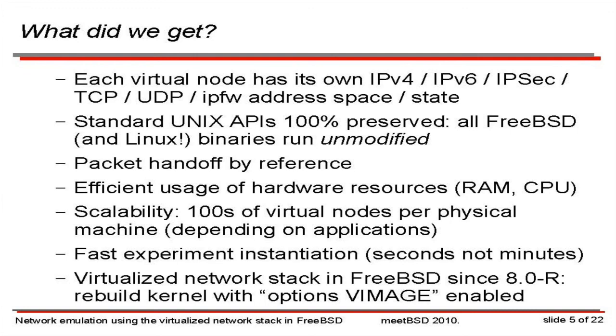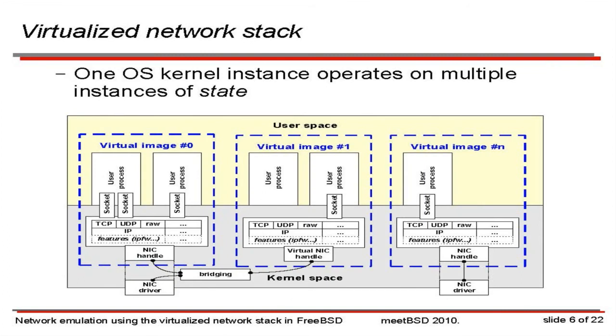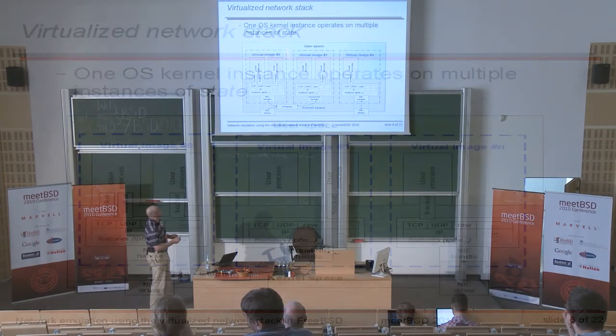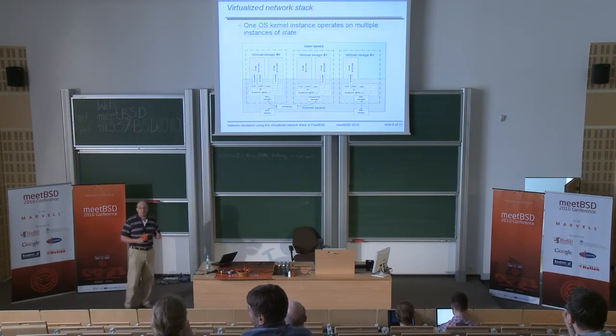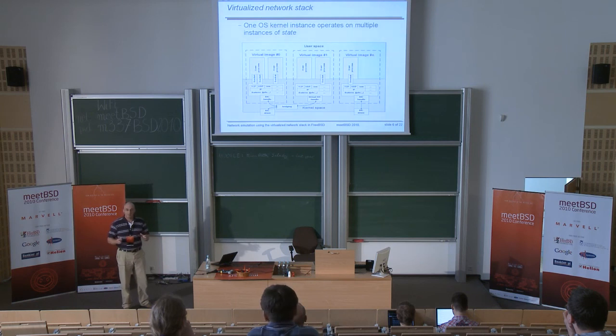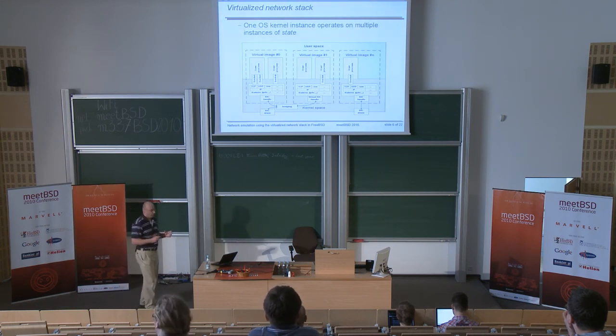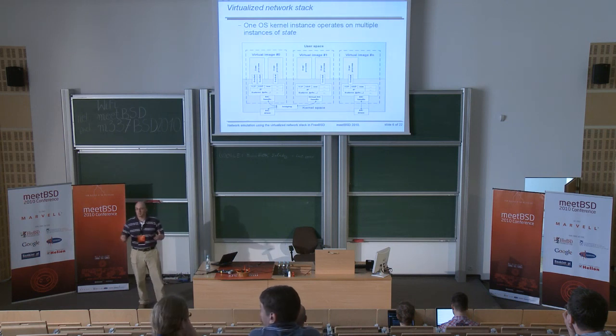So how does this work? The basic idea is to provide each virtualized environment with an independent networking state. So we reuse the existing kernel code. We actually don't modify it.